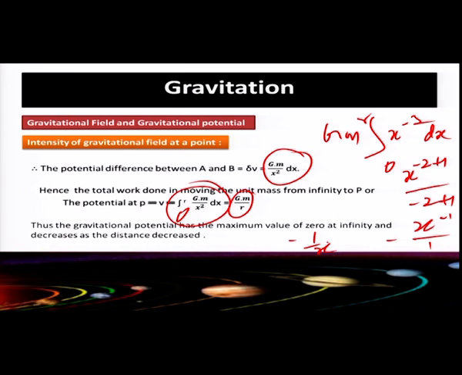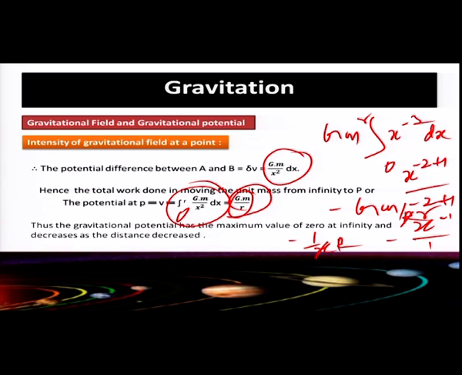In place of x I can replace it by r, so I can write it as minus Gm by r. So, this gravitational potential minus Gm by r has the maximum value of 0 at infinity and decreases as the distance is decreased.